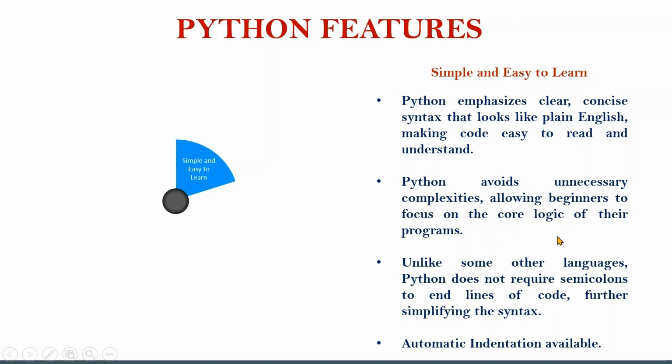The syntax is also very simple, where we don't write any semicolons for a statement. We don't write any flower braces. Instead of that, we do indentation. Then we do have built-in functions, so we don't need to do a major task ourselves. So beginners feel it is very easy, and they can focus on the core logic.